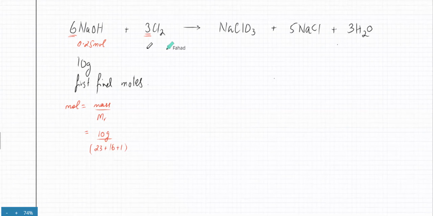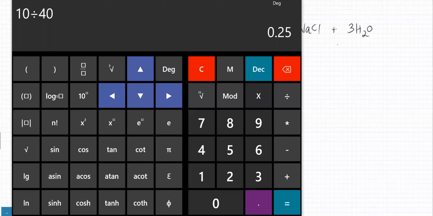The 0.25 would be x. So basically, the value of Cl2 would be, okay, we can do the working in 6 reacting with 3. So it's 0.25 that would react with x. And if I cross multiply, it would be 0.25 into 3 divided by 6. So we can find that out.